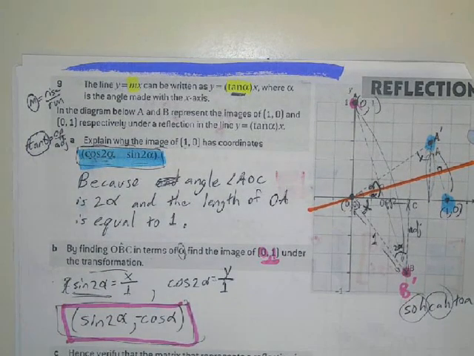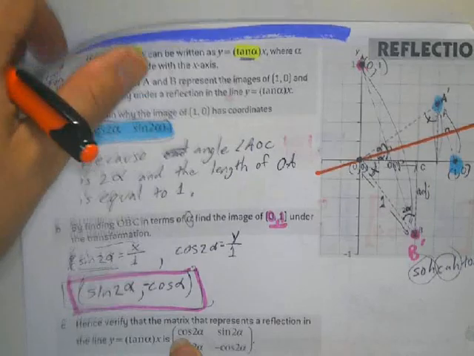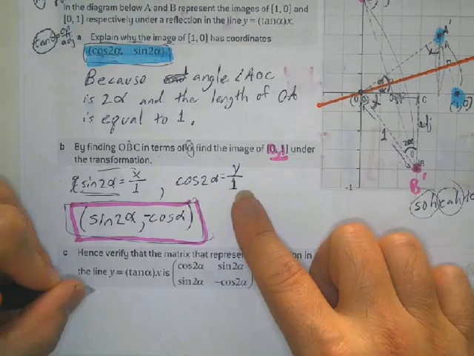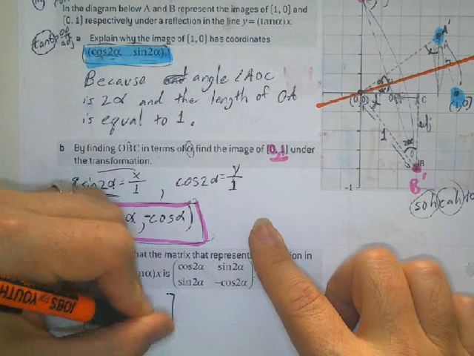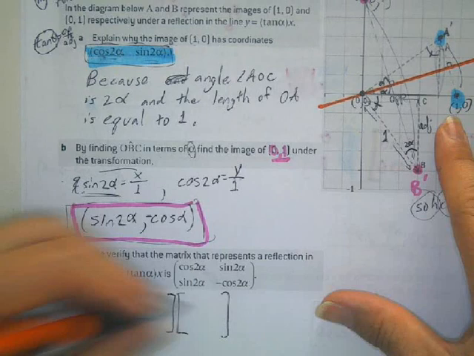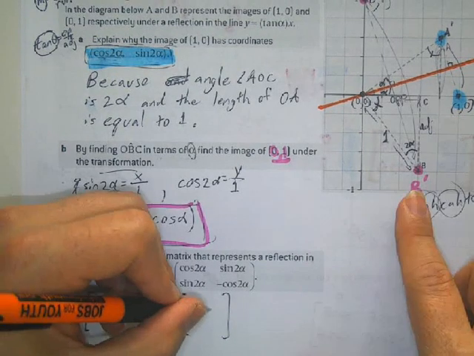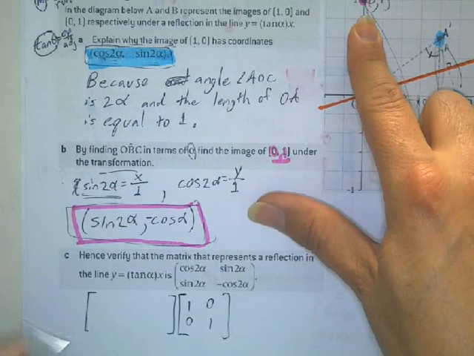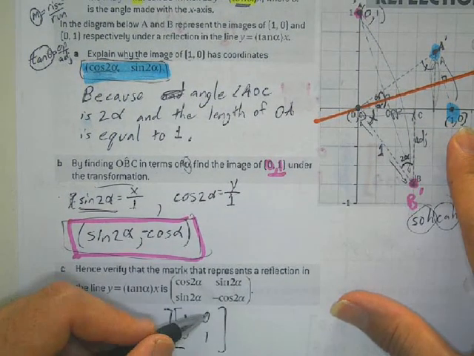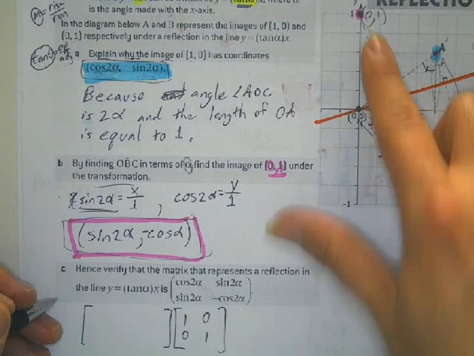So if I want to verify that this is the result, then I can say, okay, here's my transformation matrix, here's my image matrix of (1, 0) and (0, 1). So I've got coordinates (1, 0), that's going to be the original, and the original here is (0, 1).